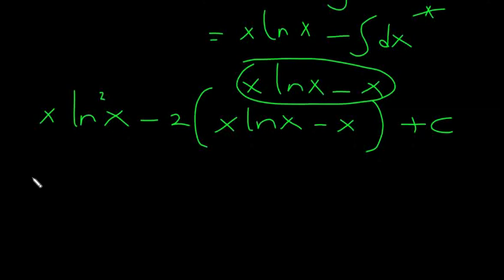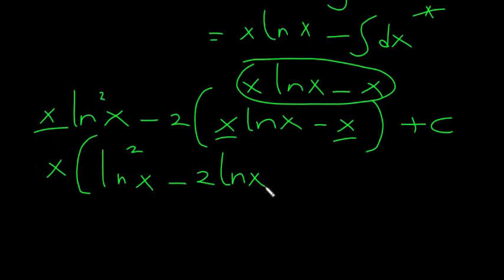Alright, we can. Oh yes, I can see x is common for all of these terms, so we can put x outside the bracket, so that we have x times ln squared x minus 2 ln x minus 2, and then plus c.